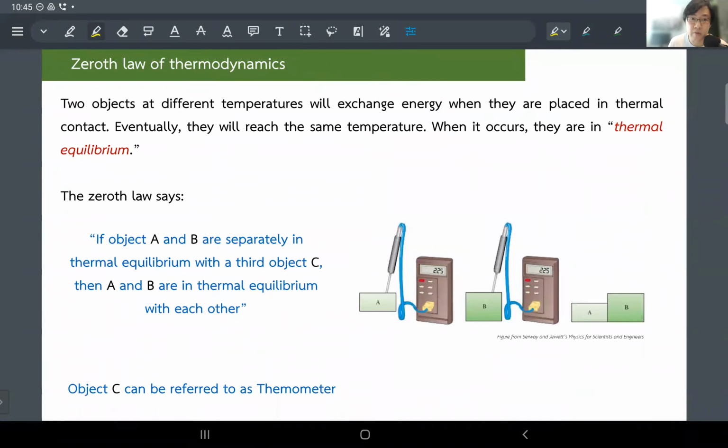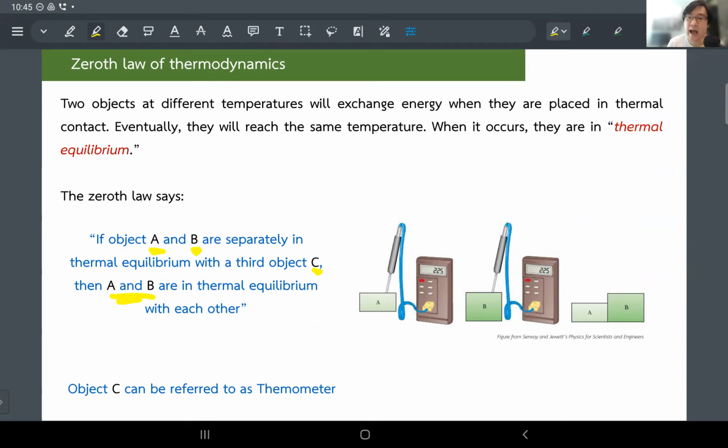And here comes the Zeroth Law of Thermodynamics. It says, very boringly, if objects A and B are separately in thermal equilibrium with another object C, then A and B must be in thermal equilibrium. Wow. And you guys are just like, what is going on here? It's so common sense.